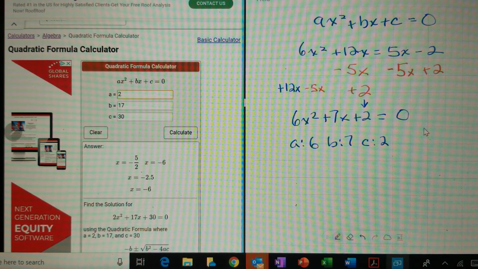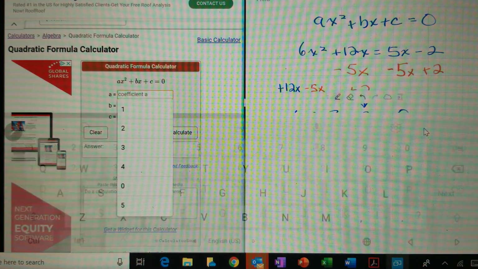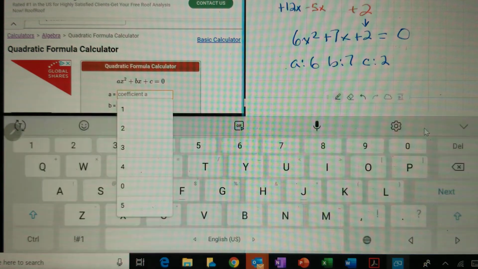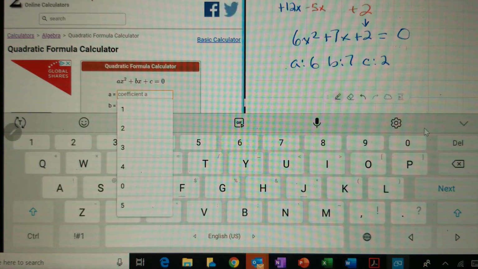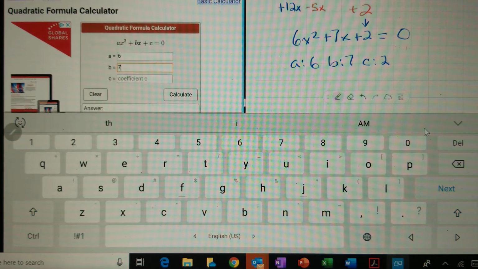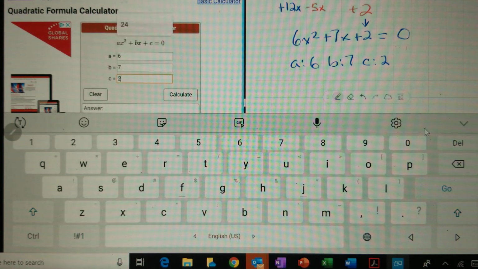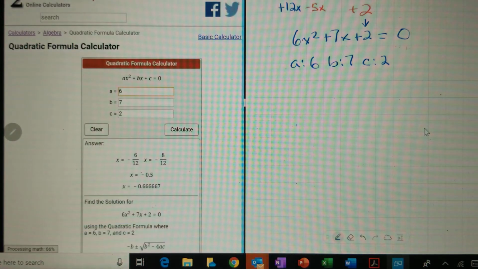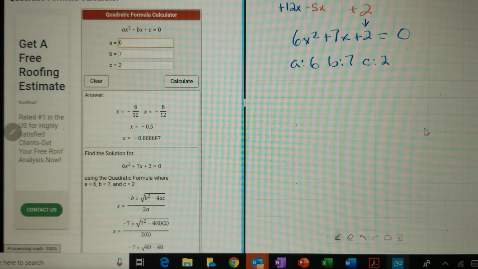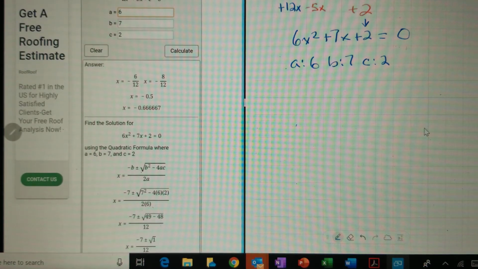And I'm going to hit clear, and my numbers were 6, 7, and 2, and I say calculate, and it gives me 2 answers here.